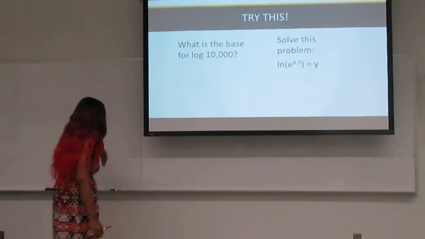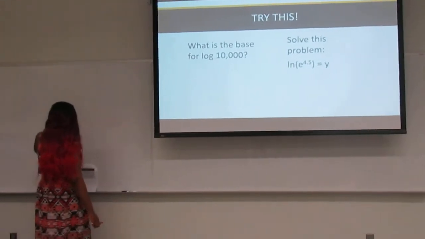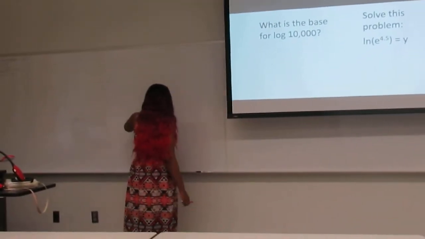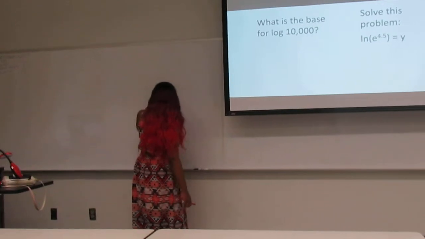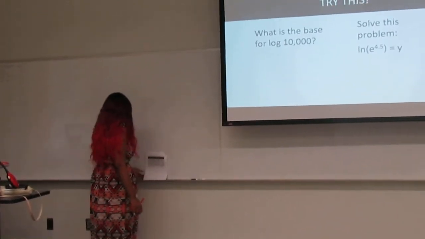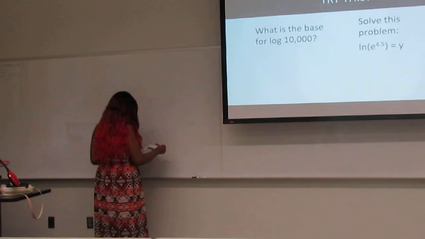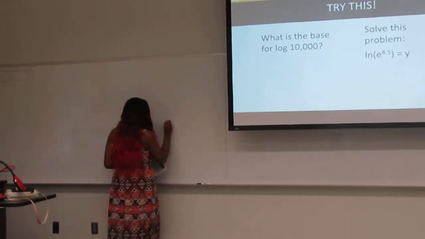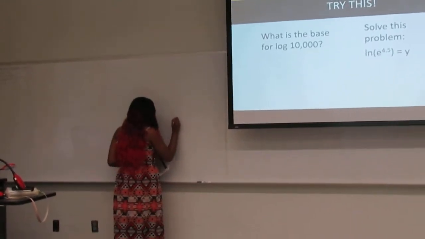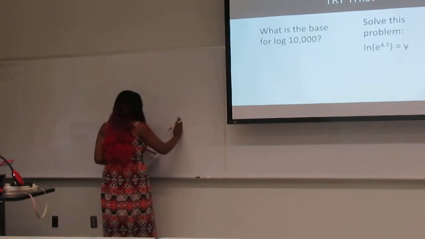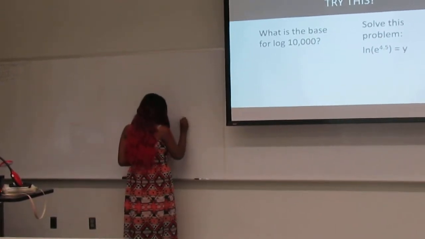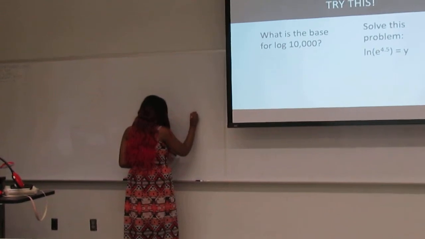Solve the problem. The natural log of e to the 4.5 equals y. So e to the y equals e to the 4.5.